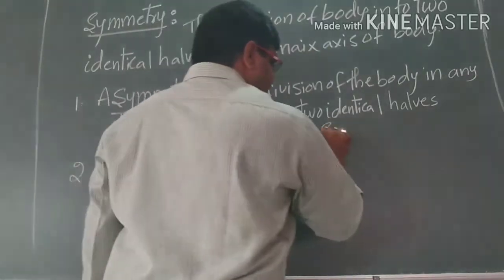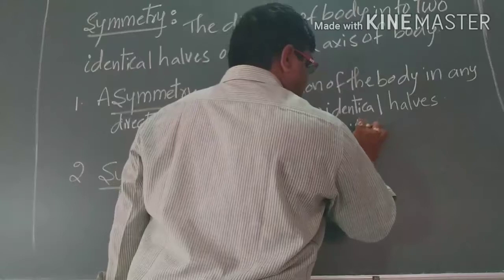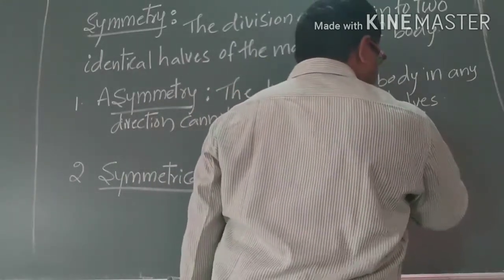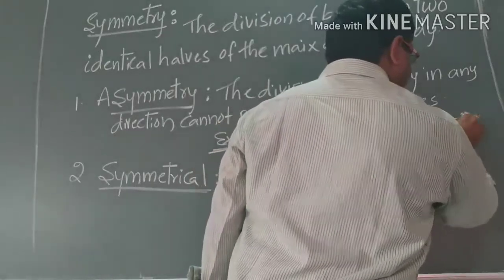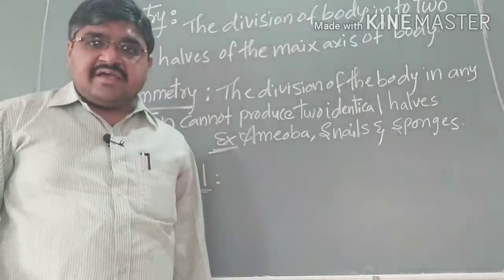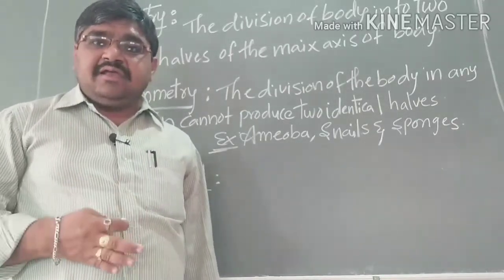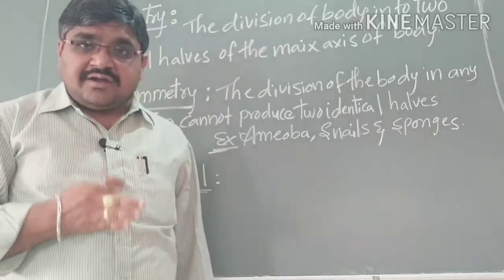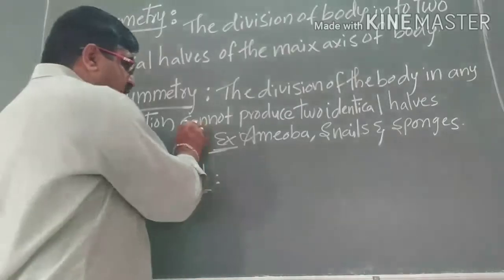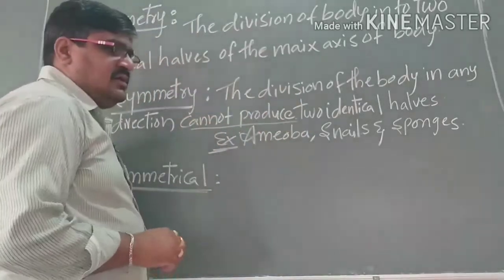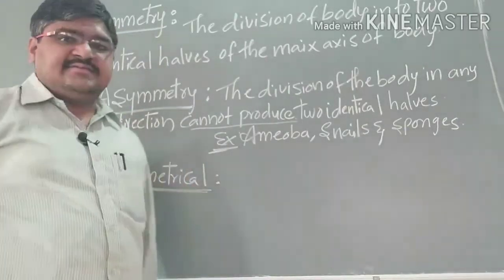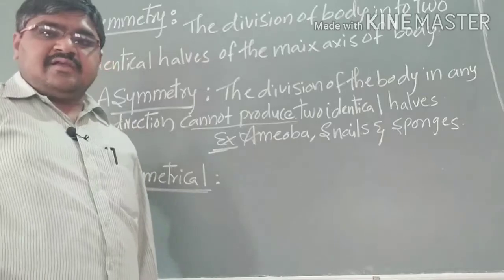Examples we can see here are amoeba, snails and some sponges. These are examples where, when you cut the organism in any plane or any direction, we cannot produce two identical halves, then it is called asymmetry.